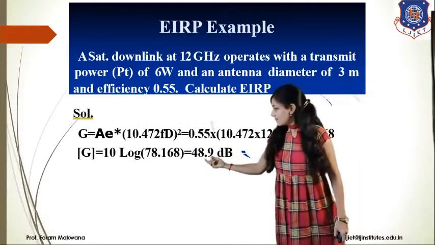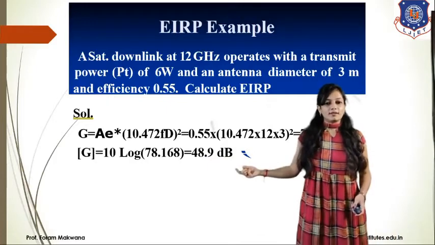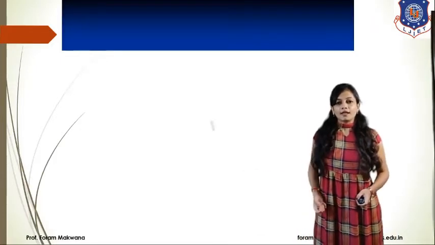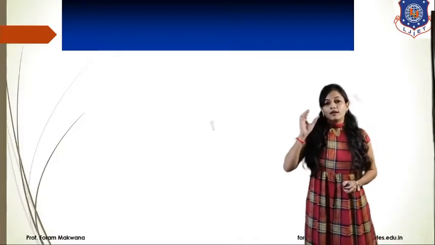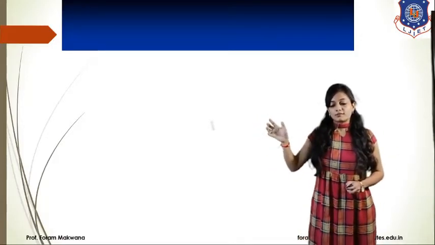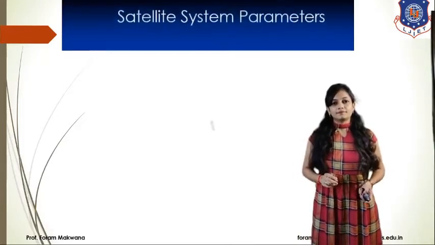So 10 log base 10 of 78.168. My answer is 48.9 dB, right? And if you are going to calculate this EIRP, EIRP is simply source power, that means the power at the antenna input, plus gain, that's it.